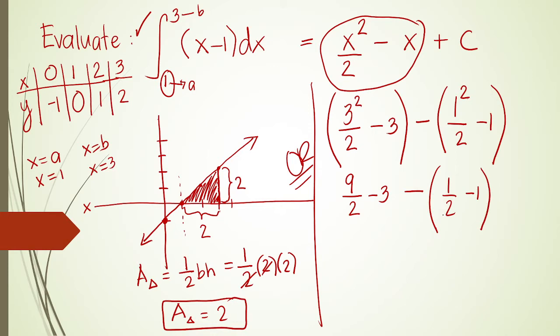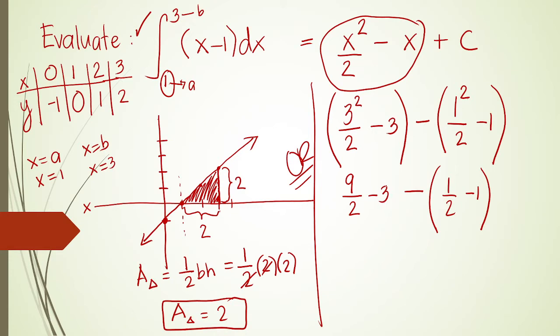Now, let's simplify this. What is 9 over 2 minus 3? 3 over 2. Right, I can write the number 3 as 6 over 2.